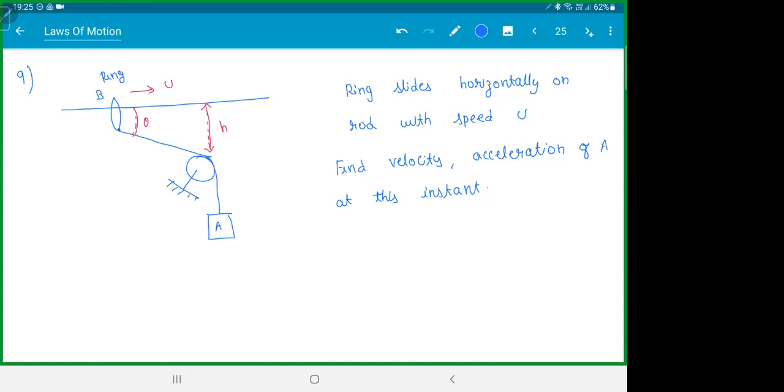Get the acceleration back. Try. You got 3 minutes. Nah. Velocity. Nah, Swastika. Check it out again.